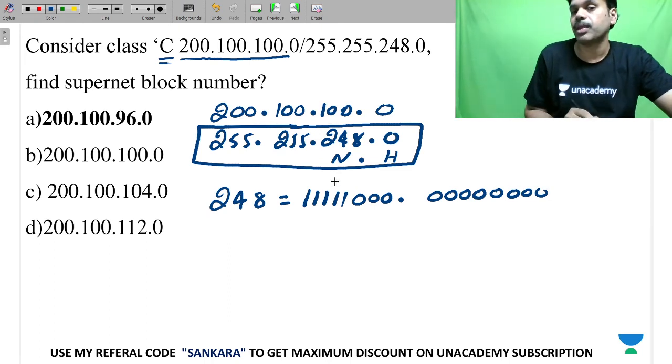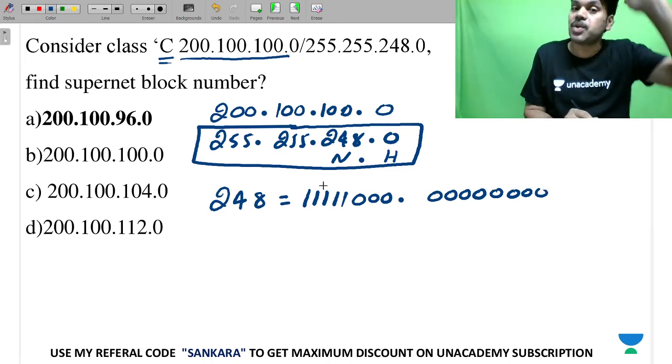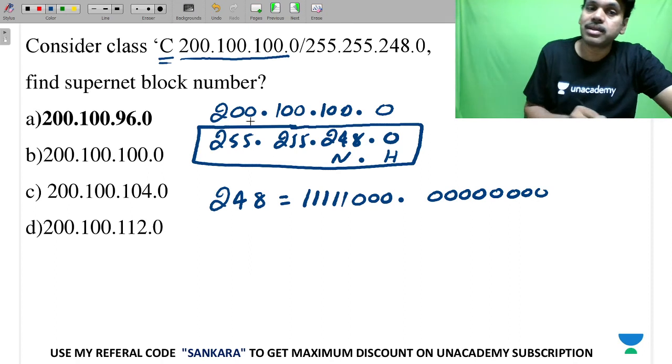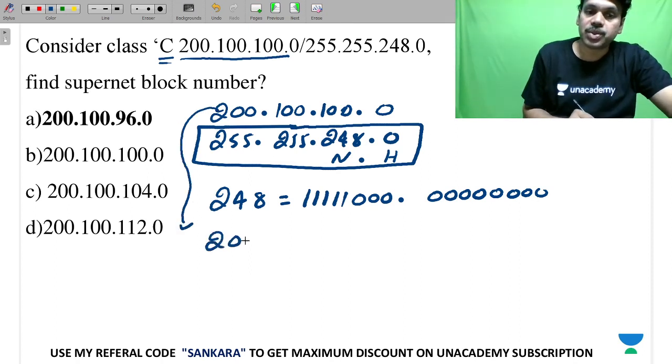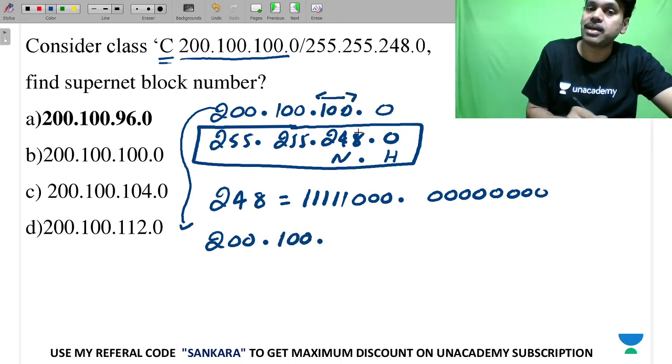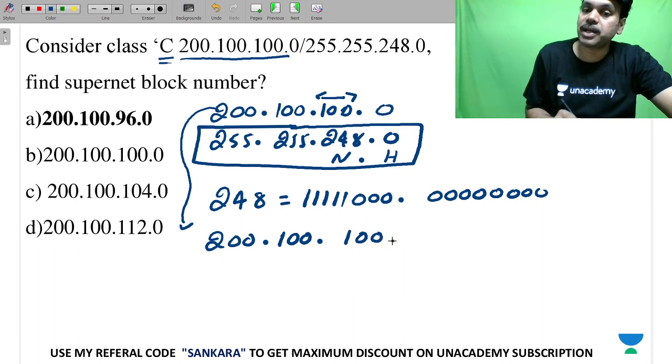And 0 0 0 0 0 0 0 0. And he is asking what is the starting block number. So write your IP into binary. So 200.100. Here only manipulation happened, right? So write that 100 into binary and 0 also into binary.